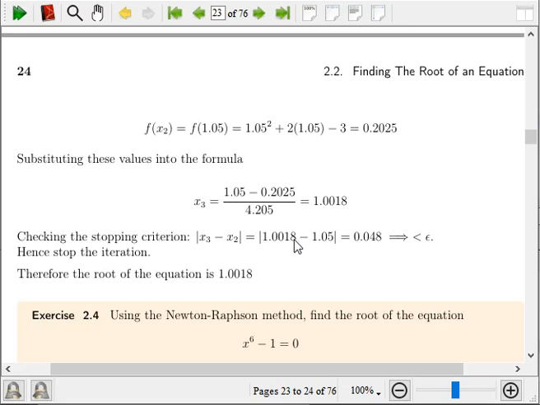We subtract and get 0.048, which is less than epsilon, so we can stop the iterations. We take the last value obtained, x3, as the root of the equation: 1.001318.